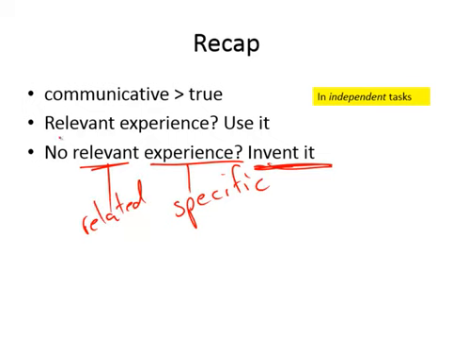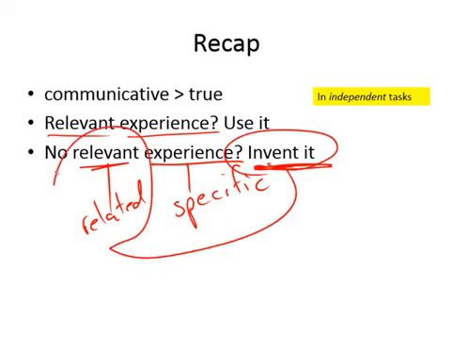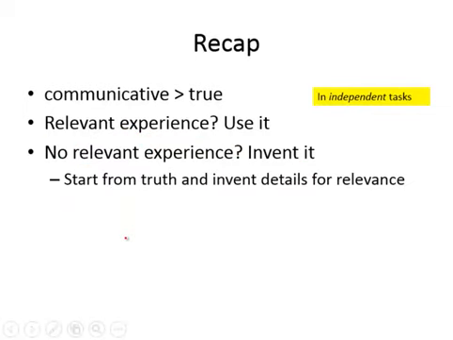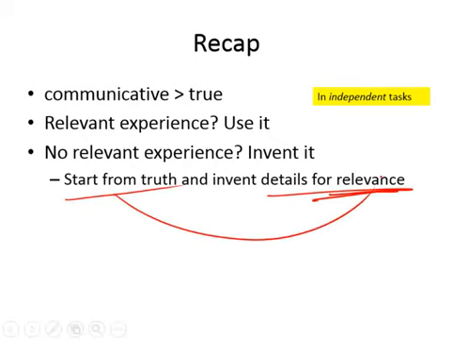If you already have that, then awesome. If you don't have it, then you can invent the relation to the question. So start from the truth and invent the details for relevance. Invent what you need to make it relevant. Begin from your actual experience and modify it.